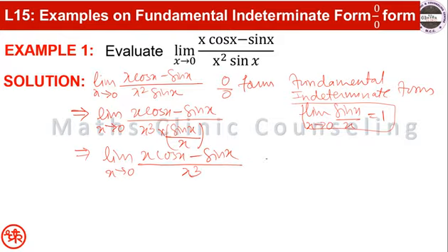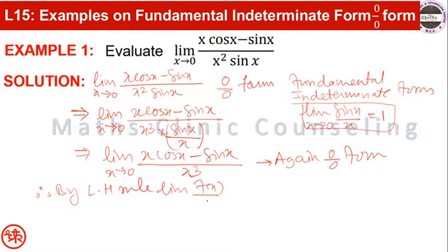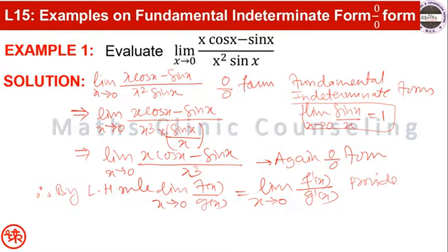Again this is 0 by 0 form, and therefore by L'Hospital's rule, limit of f of x upon g of x as x tends to 0 is equal to limit of f dash of x upon g dash of x as x tends to 0, provided the limit of the denominator is not equal to 0.